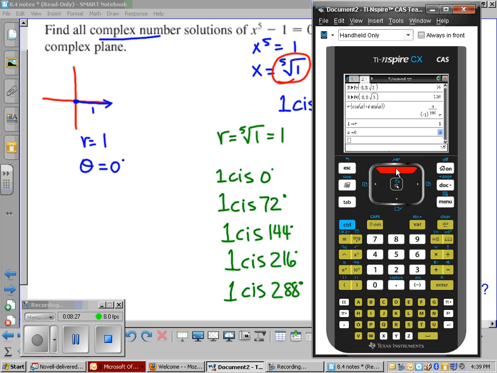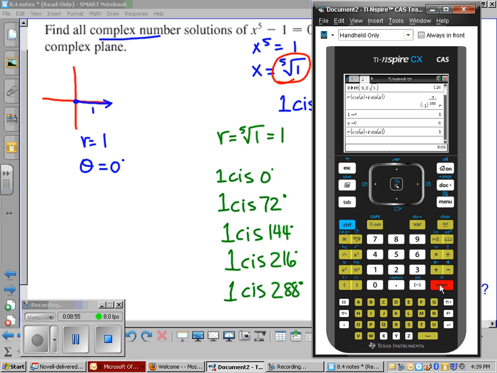So now I've got those values substituted or stored in my calculator. I can go up here and highlight that expression and press enter. Notice that before I pressed enter, the r and the A were in bold. That means that those are actual variables that the calculator knows, that has numbers to substitute in for. So it substitutes them in, and I get that real solution 1 that I knew from the very beginning was going to be one of the solutions.